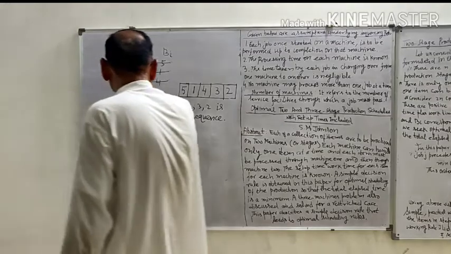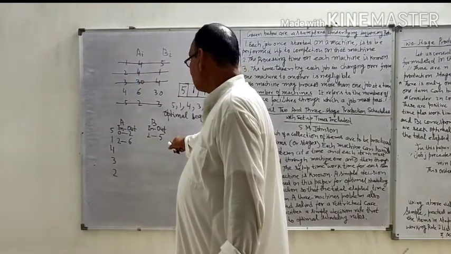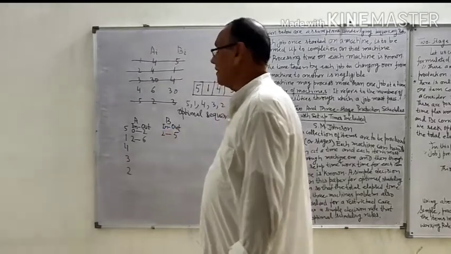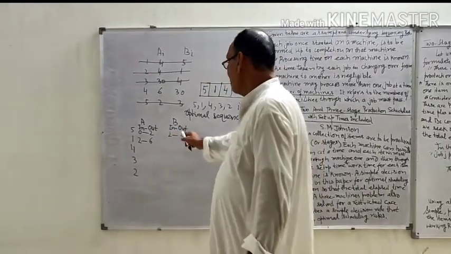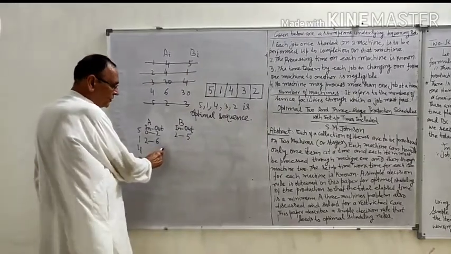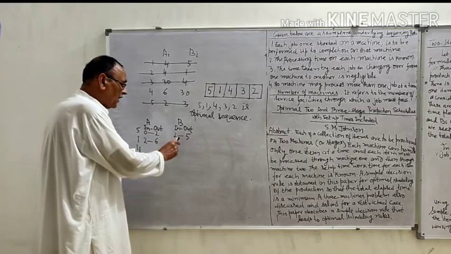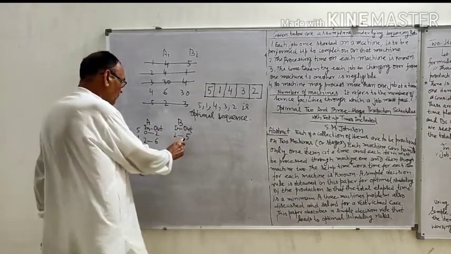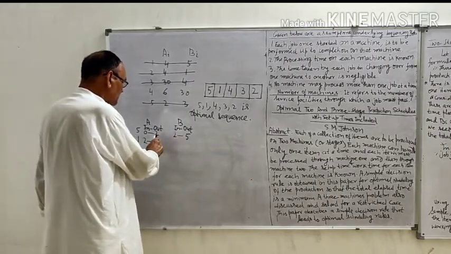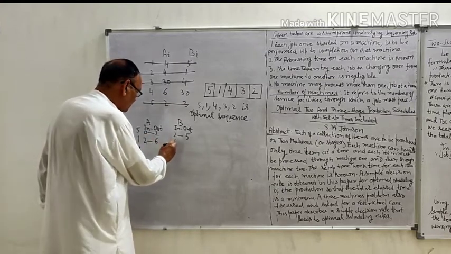Machine B is free at 5, but the next job is not available at 5. That job is still busy on machine A. So machine B will remain idle from 5 to 6, and it will take job number 1 at 6.